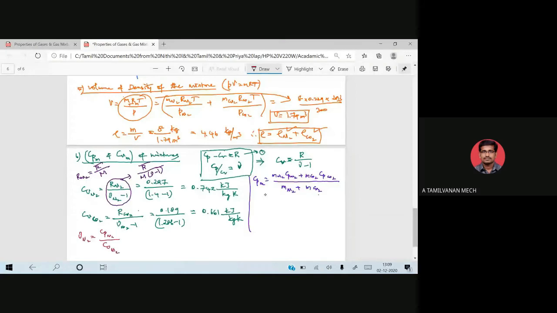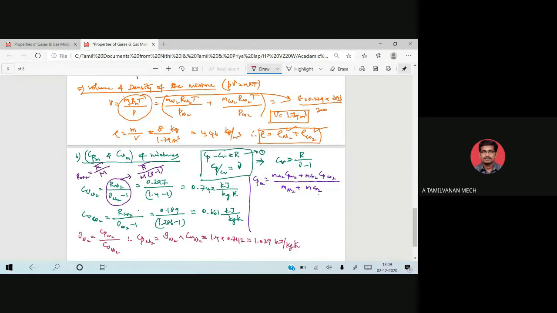We already know Cv and gamma, so Cp of N2 is equal to gamma of N2 into Cv of N2. Gamma of N2 is 1.4 and Cv is 0.742. Finally, you get Cp is equal to 1.039 kilojoule per kilogram Kelvin.